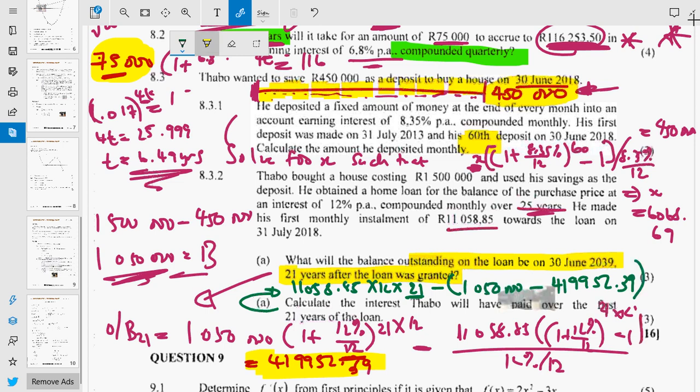And if you punch this whole thing in your calculator, you're going to get the interest of 215,672.59. So that was the question.